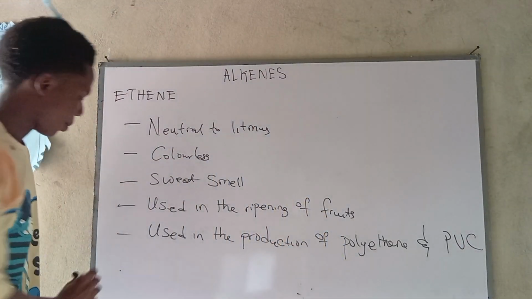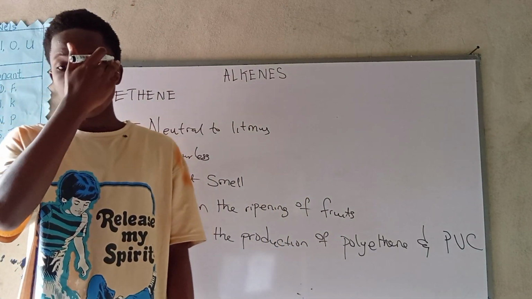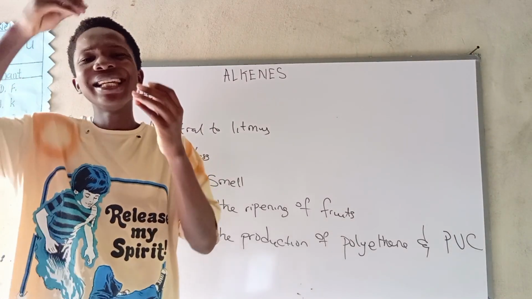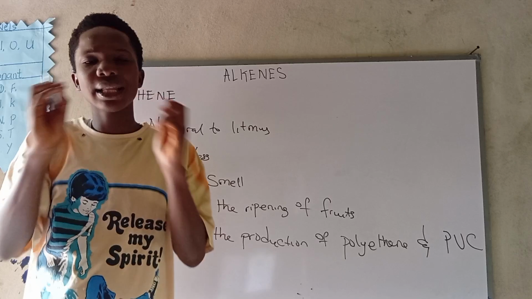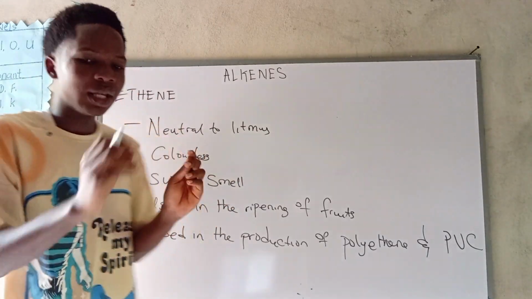Now, another use of ethene. When ethene reacts with oxygen in the presence of a silver catalyst, it will give us epoxyethene. Note it.